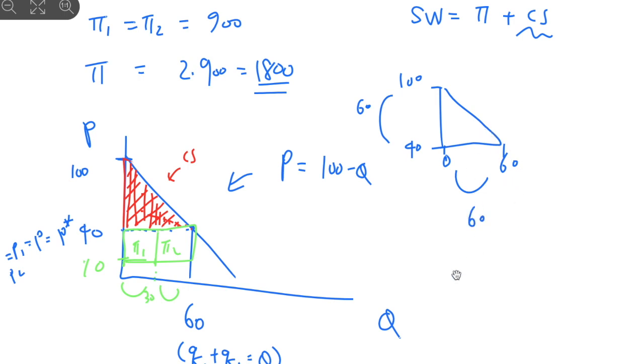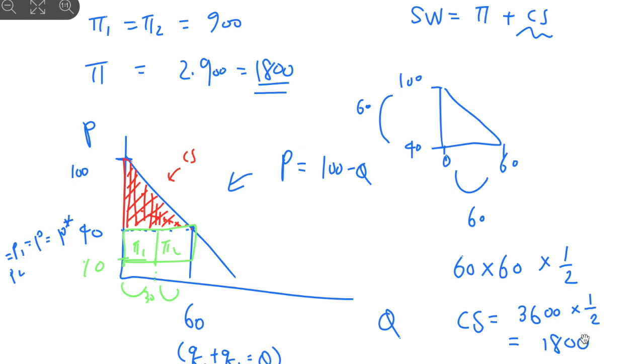So how can we get the area of the triangle? We have 60 times 60, the length of each side, times half. So consumer surplus equals 3600 times 1 over 2, which is 1800.